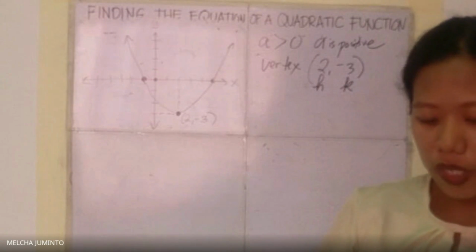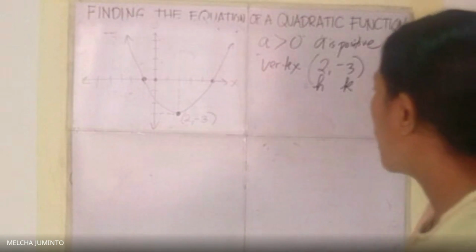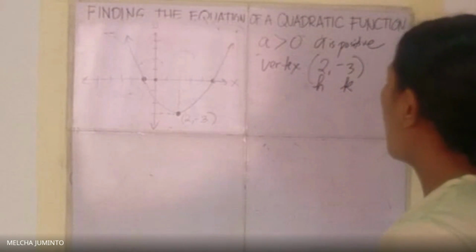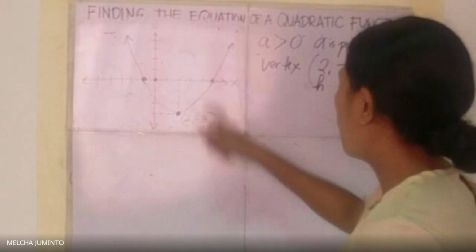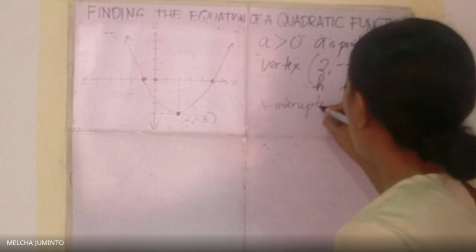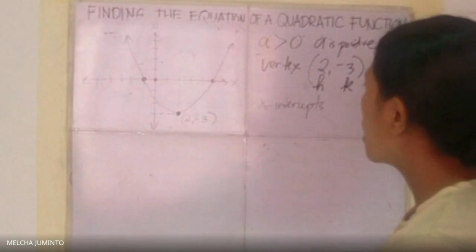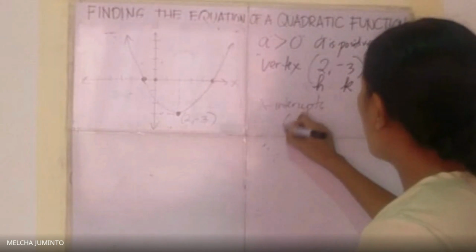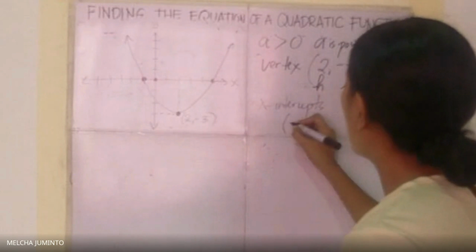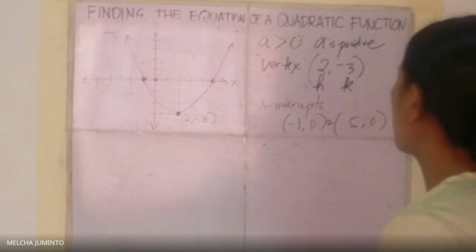Next, we use the vertex form of the quadratic function. Also take note of the x-intercepts. Here there are two x-intercepts. You can see that the graph crosses the x-axis at two points: first here, (-1, 0), and another point, (5, 0).